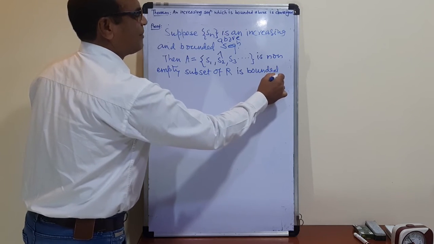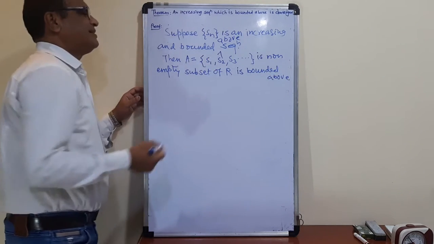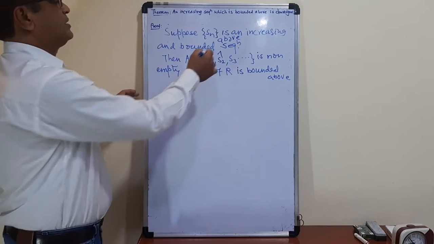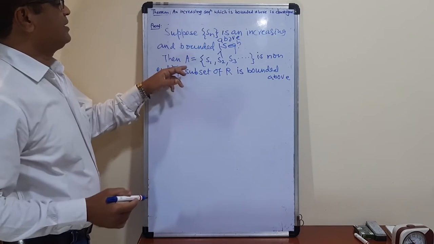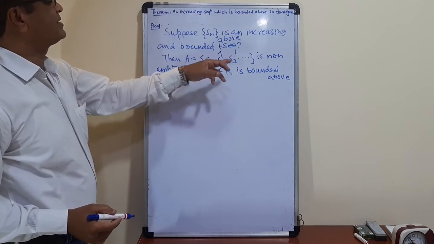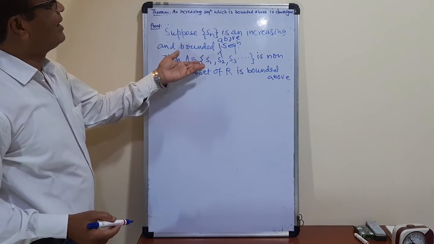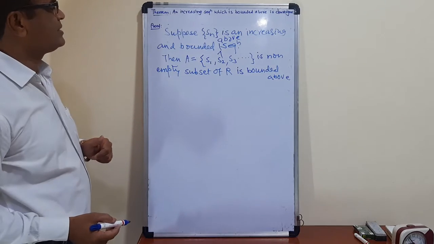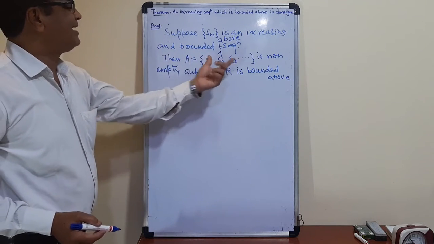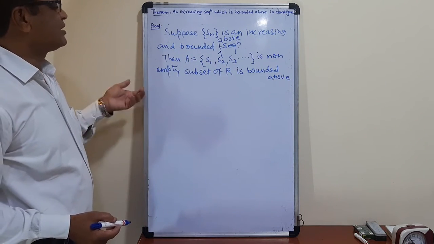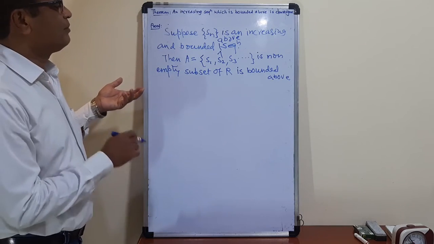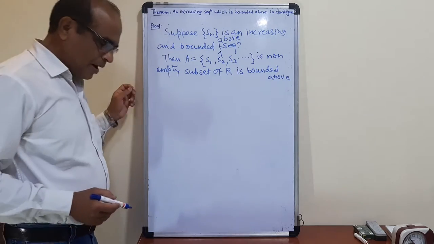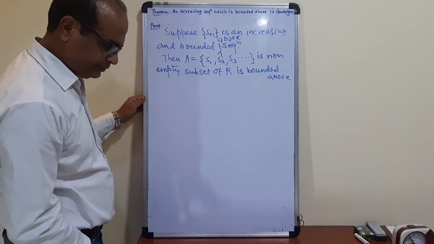We took such a set. So we take here A is a set of S1, S2, S3. So we take the elements from that sequence, and we say that this set is A, and this is a non-empty subset of real numbers, and which is bounded above.